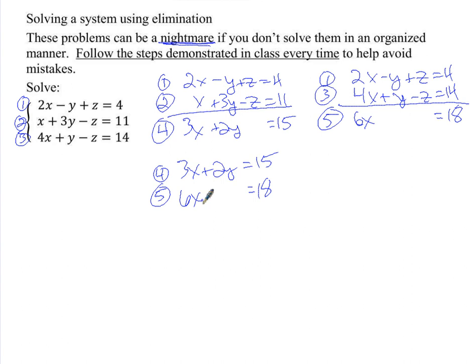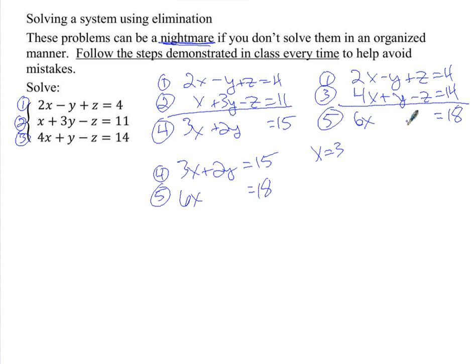We don't have that situation here though. We can just solve for x right now. So we're going to divide both sides by 6 and we get x equals 3. Now that I know that x equals 3, I'm going to take that and back substitute it into either 4 or 5.